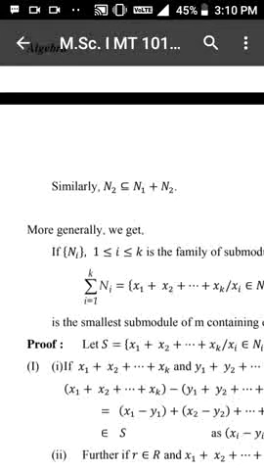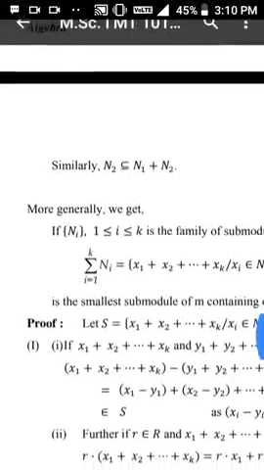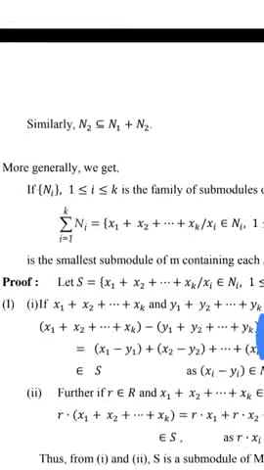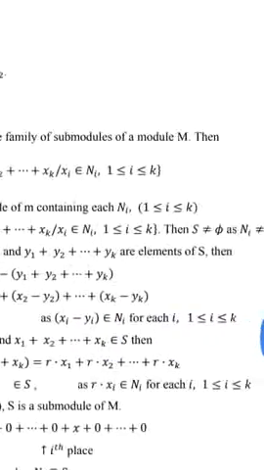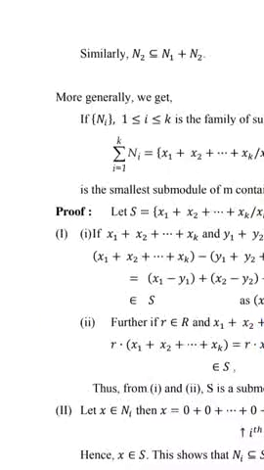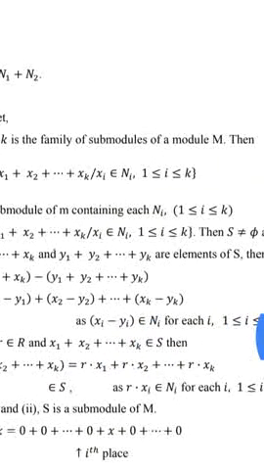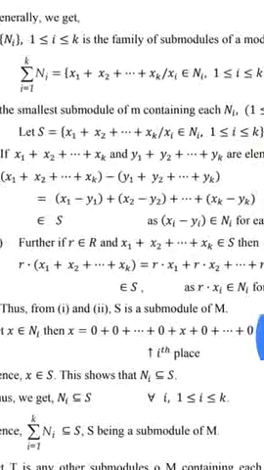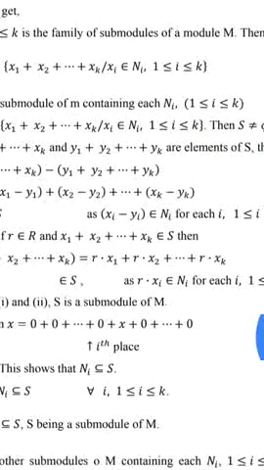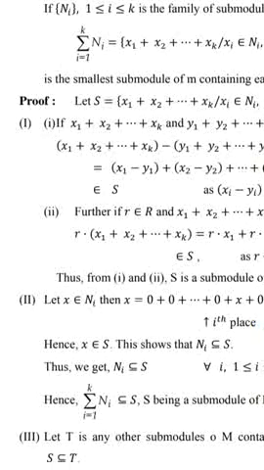More generally, we get: if Ni, 1 less than or equal to i less than or equal to k, is a family of submodules of a module M, then the summation of Ni, i equal to 1 to k, is equal to x1 plus x2 plus dot dot plus xk such that xi belongs to Ni, 1 less than or equal to i less than or equal to k, is the smallest submodule of M containing each Ni.